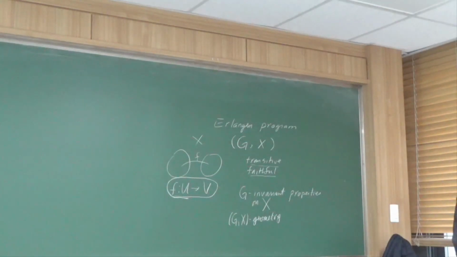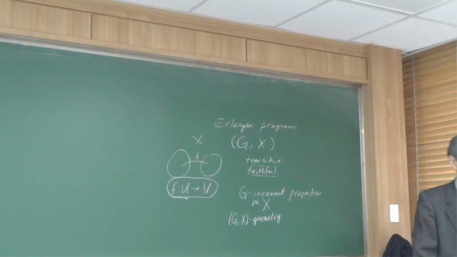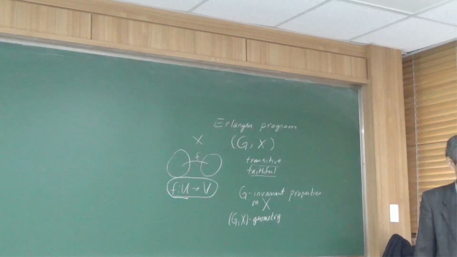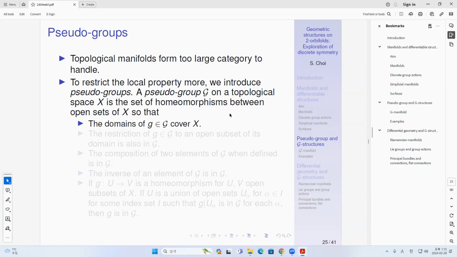A pseudogroup on a topological space is a set of homeomorphisms between open sets. And of course the domains of these elements, all of these U, must cover X. So that is needed.